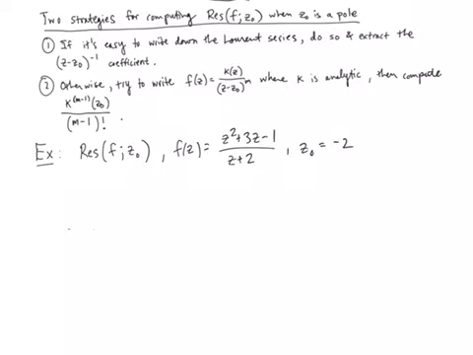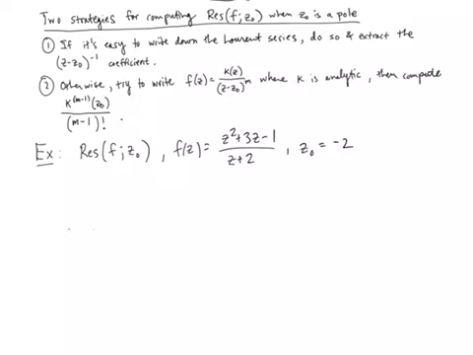Negative 2 is clearly a pole here, because as you go to negative 2, this polynomial up top stays perfectly nice and bounded, and the z plus 2 is going to 0, so dividing by that is going to go to infinity in norm. So that's definitely a pole.